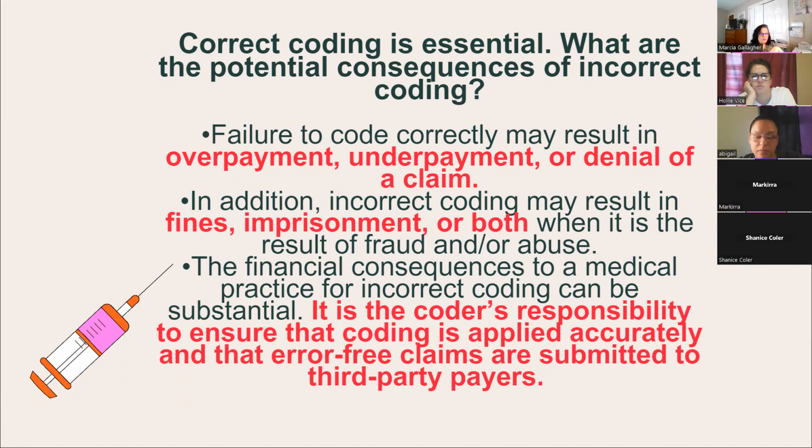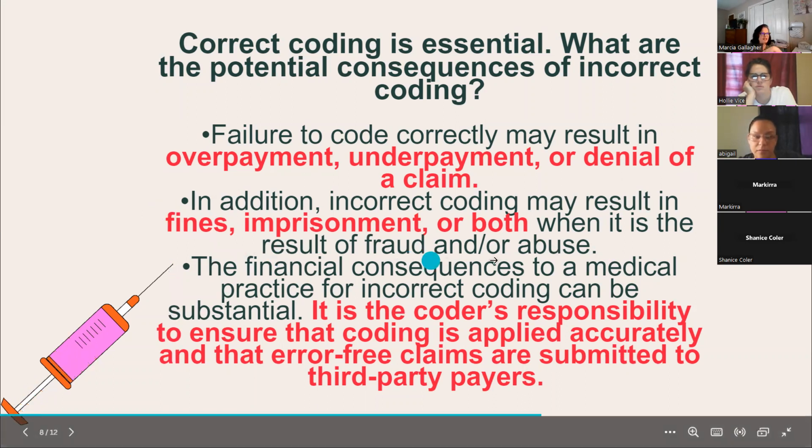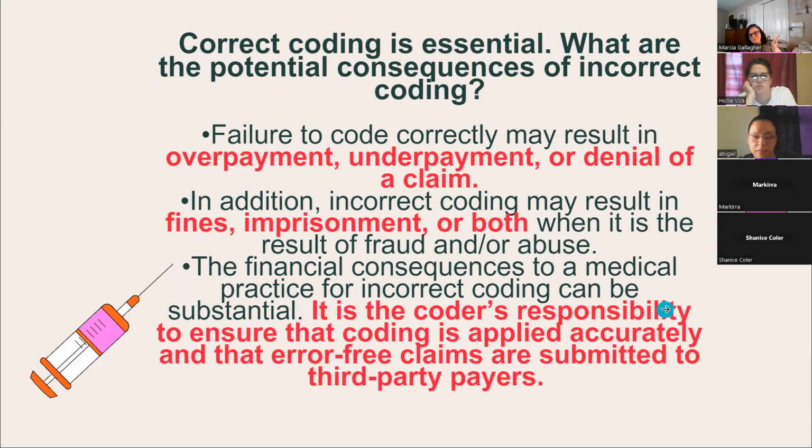The financial consequences to a medical practice for incorrect coding can be substantial. It is the coder's responsibility to ensure that coding is applied accurately and that error-free claims are submitted to the third-party payer. Now, this seems really scary when you're looking at fines and imprisonment or both.